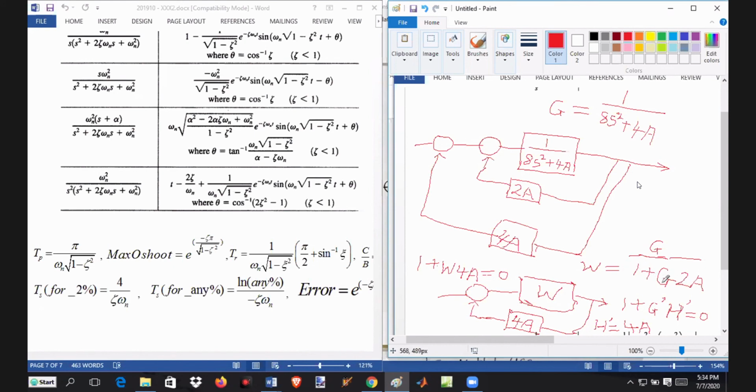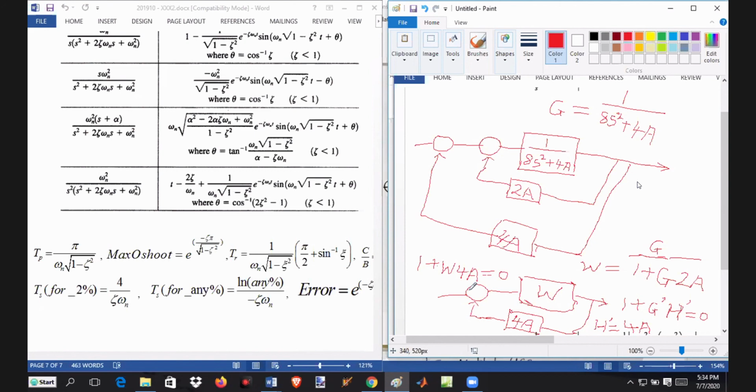Your answer will be in terms of a, because G has a and there is also 2a. So W will be in terms of a. Then you get the characteristic equation 1 plus W 4a equals 0, also in terms of a.